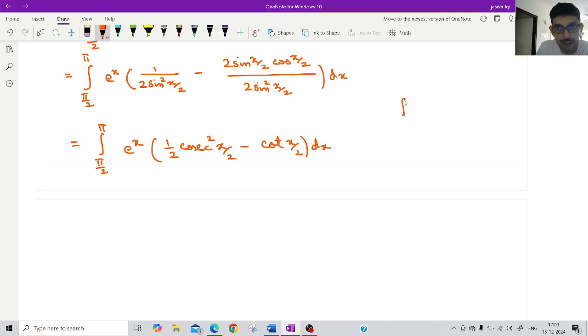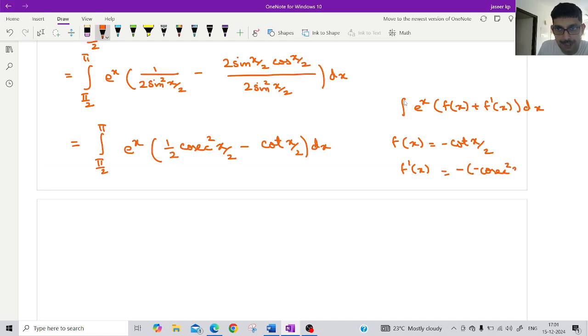Comparing it with integral of e power x into f of x plus f dash of x dx. So if you take f of x as minus cot x by 2, then derivative of that will be minus of minus cosecant square x by 2 into 1 by 2, which is same as 1 by 2 cosecant square x by 2.